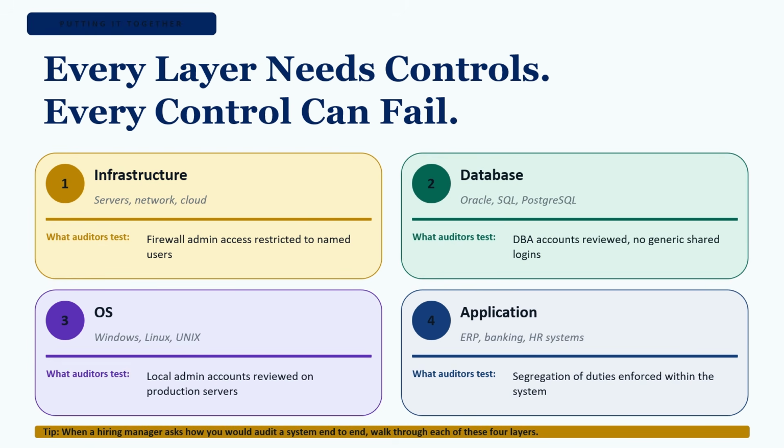A lot of people who attend IT audit interviews can talk about application access controls from beginning to end. However, when you ask them to talk about the other layers, they barely can. So you should be very familiar with these other layers, and quit talking about just the application.